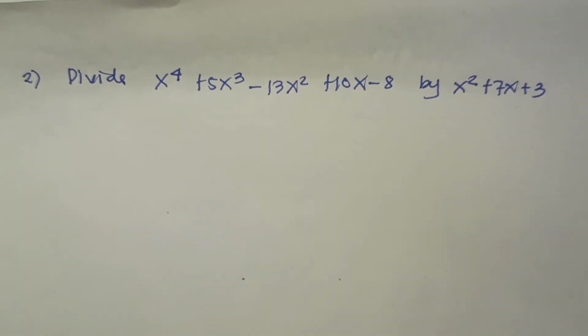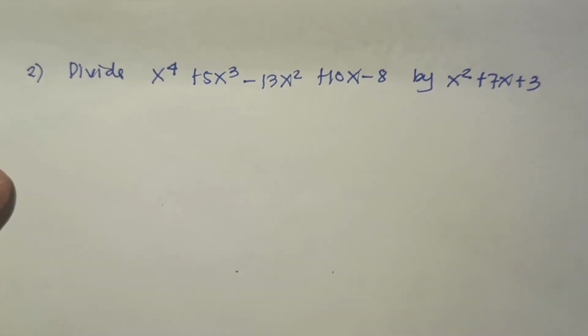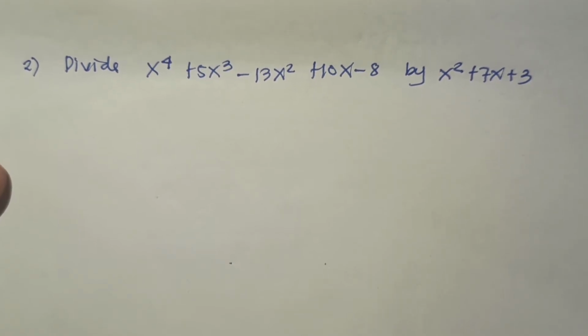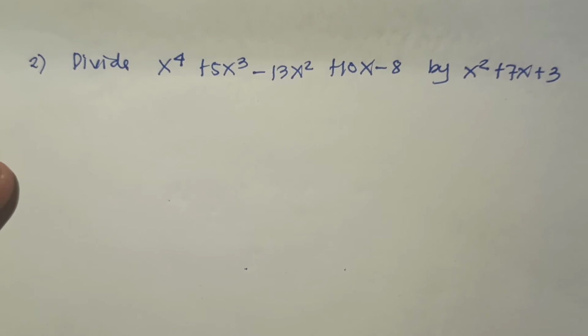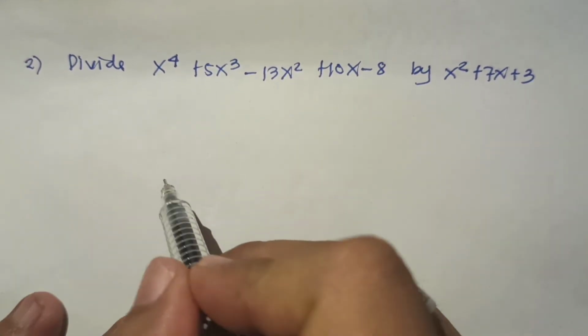We are now in number 2. Divide x raised to 4 plus 5x raised to 3 minus 13x squared plus 10x minus 8 by x squared plus 7x plus 3. So we're going to divide here.